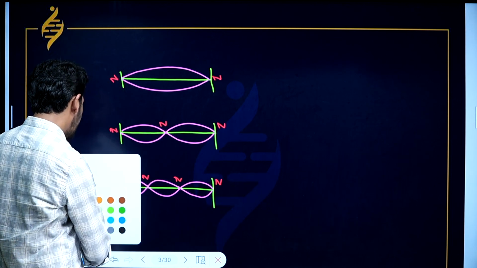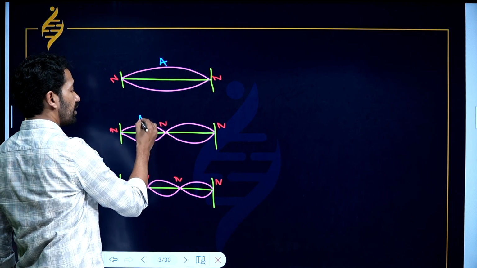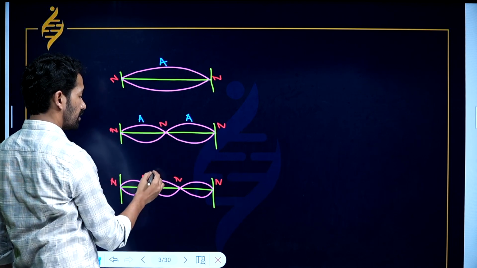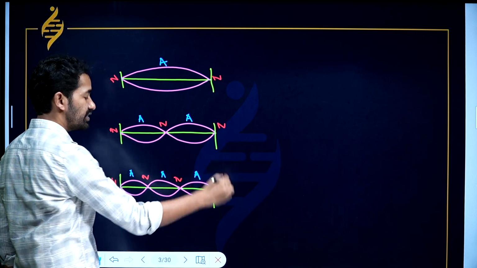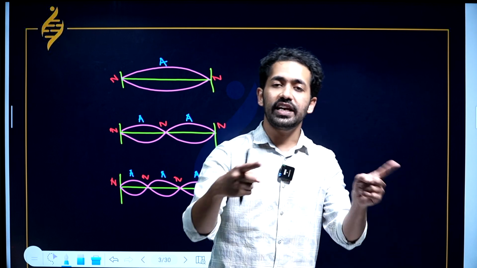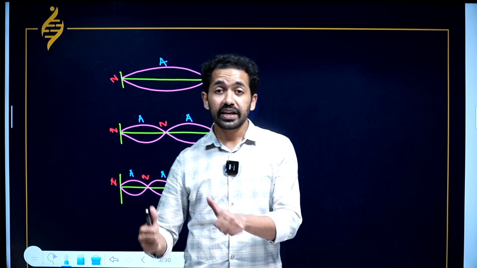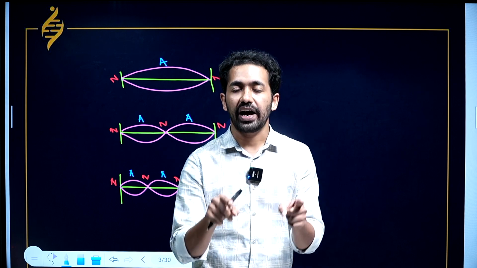Now what about the antinodes? I am having a single antinode here, 2 antinodes here, and 1, 2, 3 antinodes here. In the case of an open pipe, number of antinodes was equal to nodes plus 1, but in the case of a string, number of nodes is equal to number of antinodes plus 1.